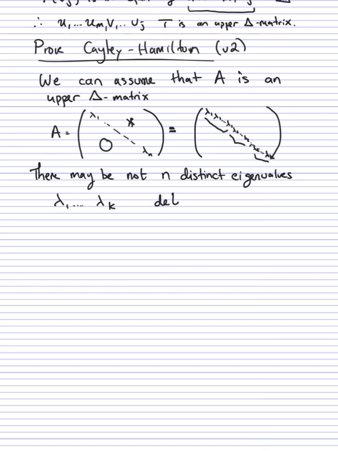And the characteristic polynomial, that's the determinant of A minus, say, tI, so I'm going to switch just to not have too many lambdas, is precisely (lambda 1 minus t) to the m1, (lambda 2 minus t) to the m2, up through (lambda k minus t) to the mk, for some natural numbers m1 up through mk. Okay, so I'm just counting the multiplicities of each eigenvalue.